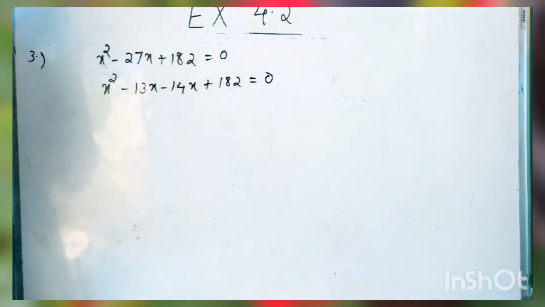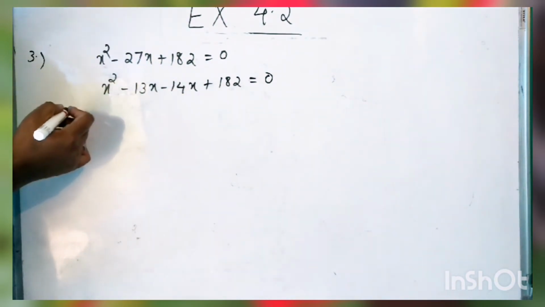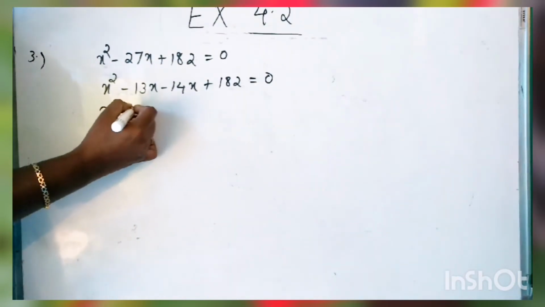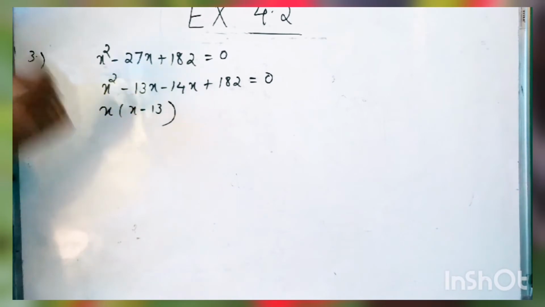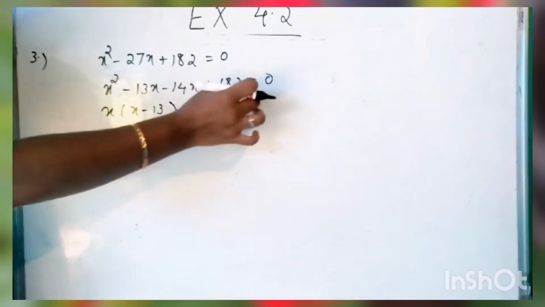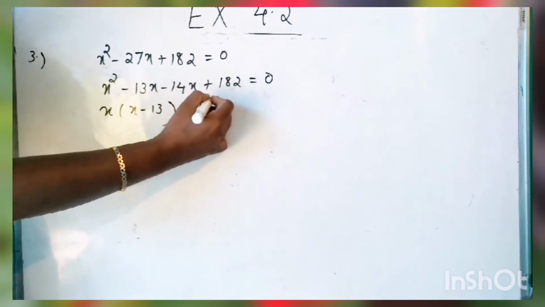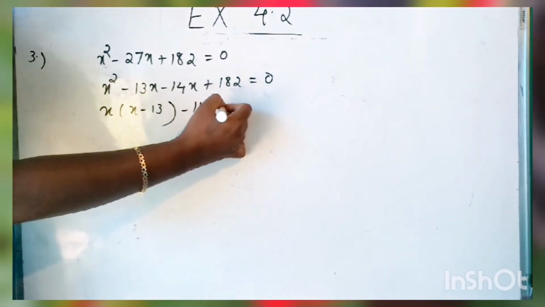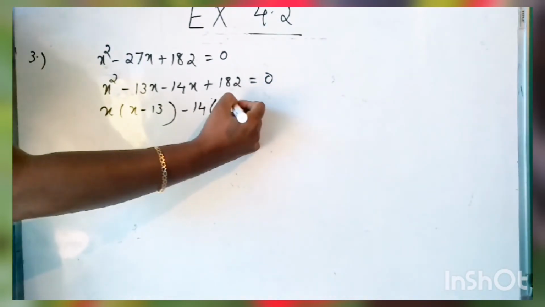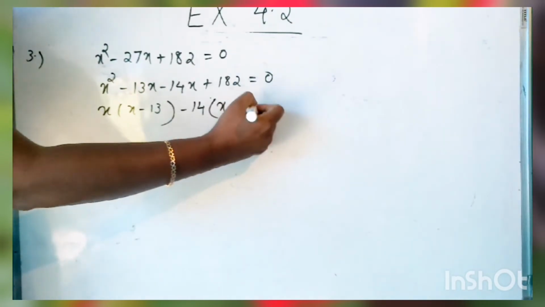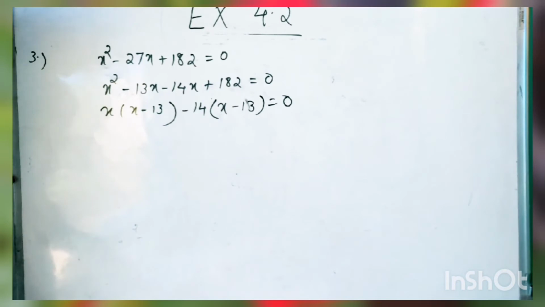Minus 13x minus 14x, again we will get minus 27. And from the first two terms, just take x outside, then we will have x minus 13. And from these two terms, take minus 14 outside, then the first term, that is x, and this is minus 13, is equal to 0.